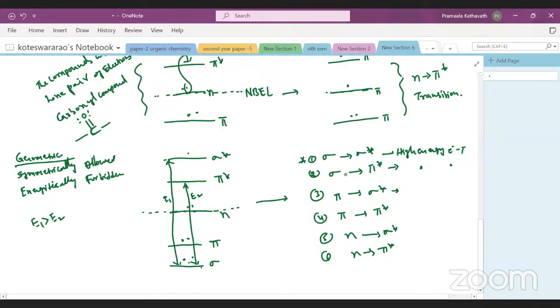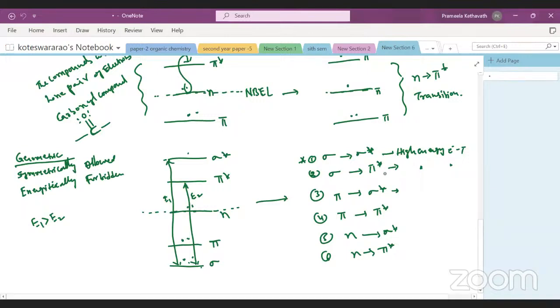Whenever the transition is gerade to ungerade, it is both geometrically and symmetrically forbidden. Sometimes, if it needs only a little energy, gerade to ungerade is symmetrically forbidden but still happens because of the energy availability. Whenever we provide a little energy, they arrange into a suitable spatial arrangement and can undergo the electron transition.